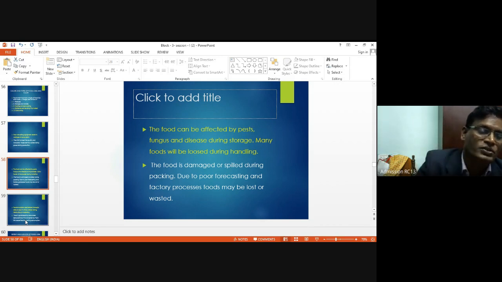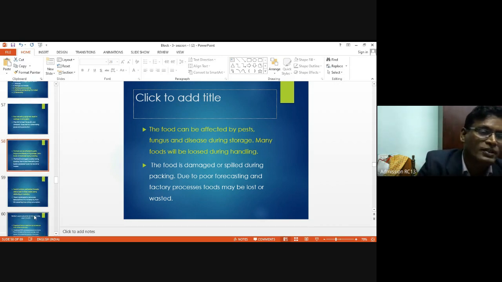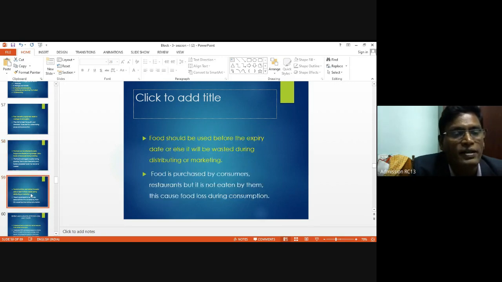Even in factory processing of the food, a small or reasonable quantity of the food is getting wasted. Food should be used before the expiry date, or else it will be wasted during distribution or marketing.